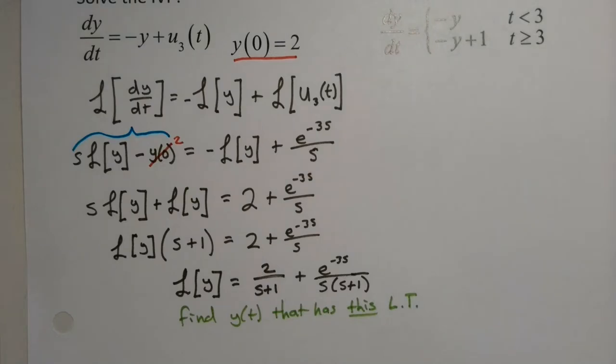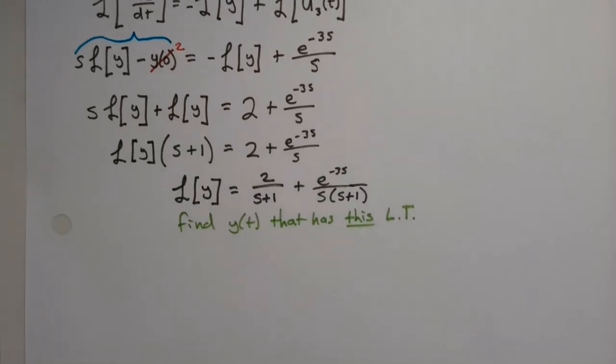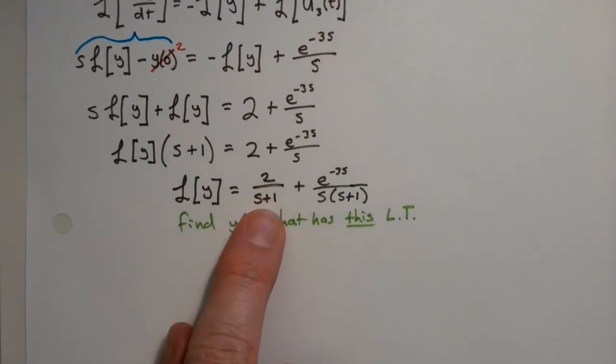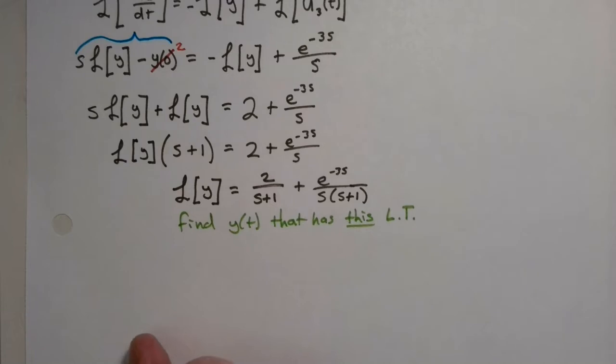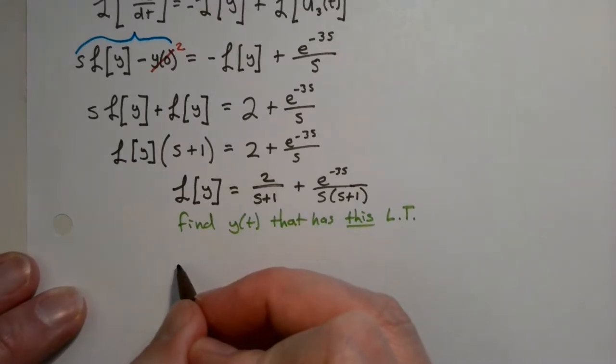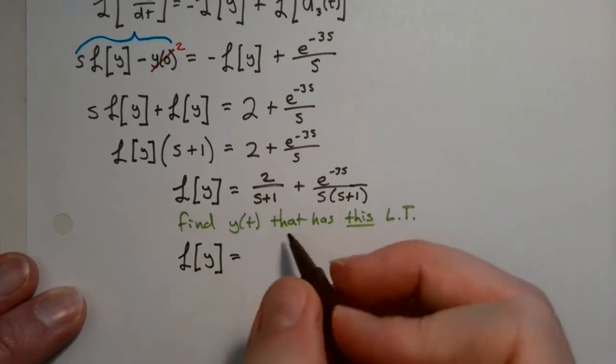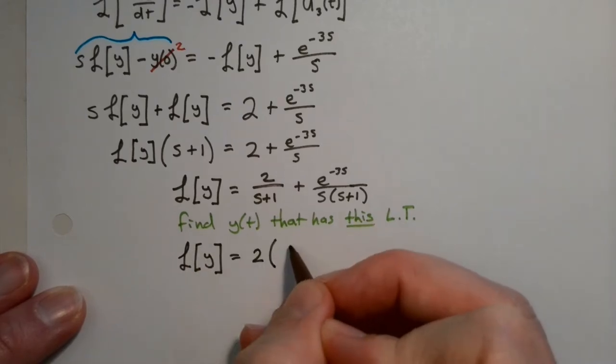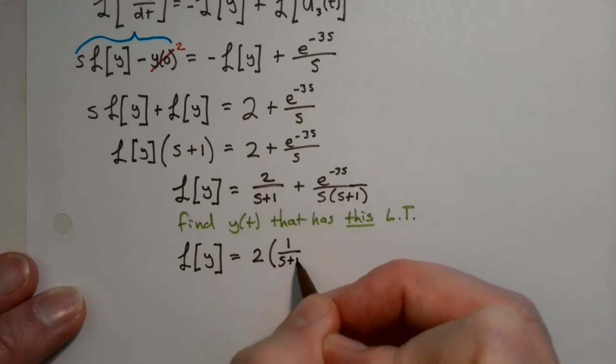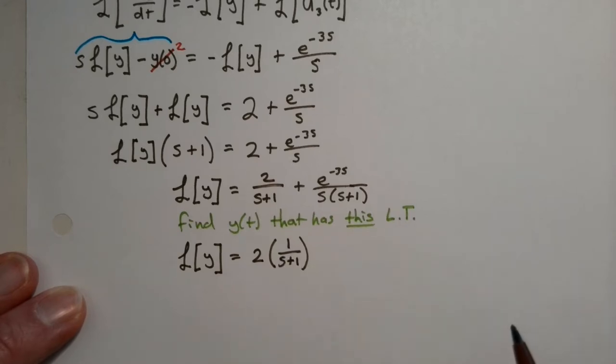So a little bit of manipulation goes a long way with this one. And you probably have already noticed this first one is not too terribly difficult to find the inverse Laplace of. So the Laplace transform of y equals, I'm going to put the 2 out front, times 1 over s plus 1, and that way it should look pretty familiar as one of the formulas that we have on our Laplace table.